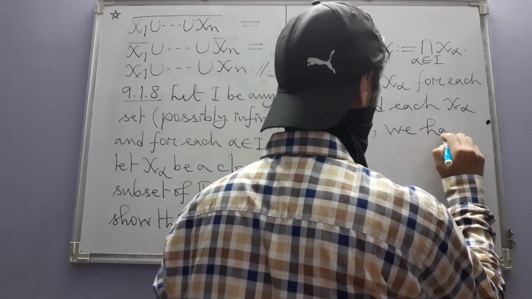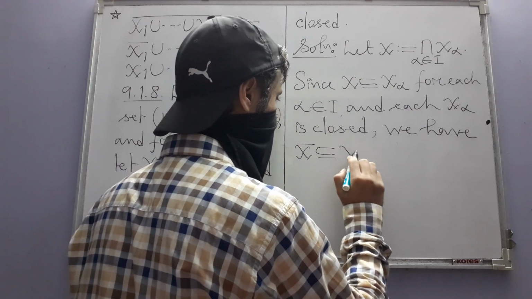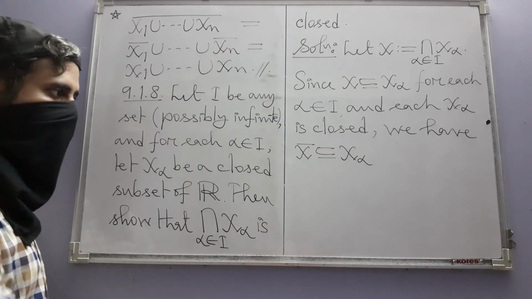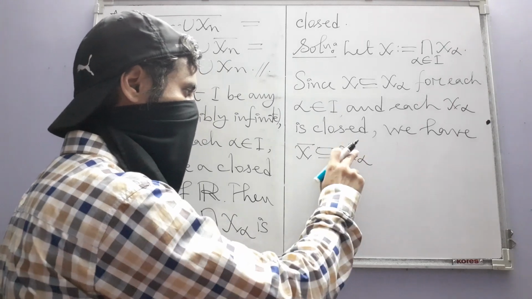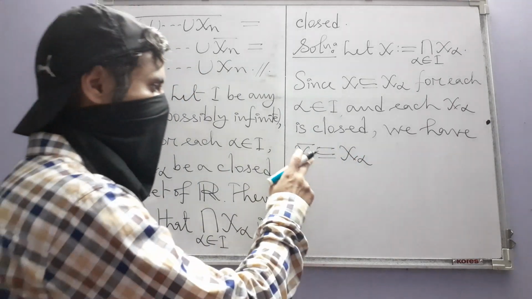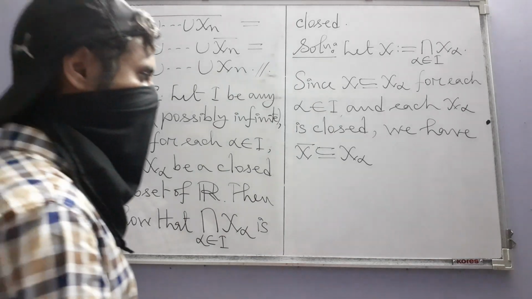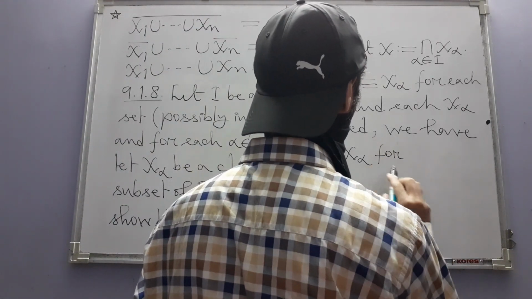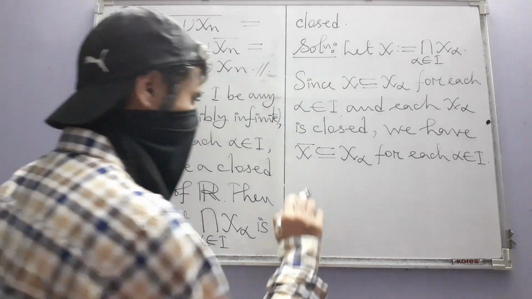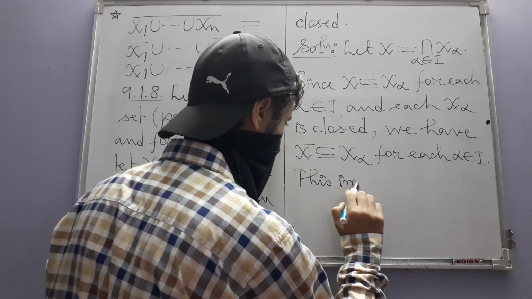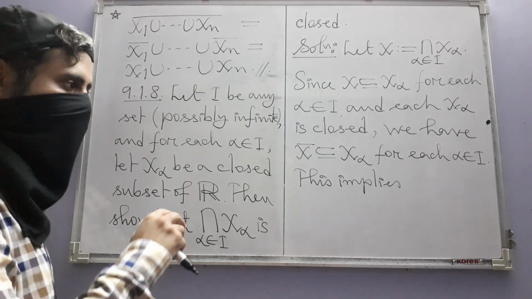We have X closure also contained in X alpha, and this is coming from that sixth exercise, right, where you think of X alpha as Y and X as X. So Y is closed, that is given, then Y would contain the closure of X as well, for each alpha in I. This implies, so now just like the set X, the closure of X is also a subset of all the X alphas.